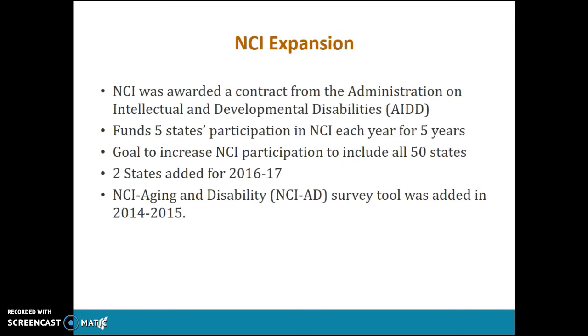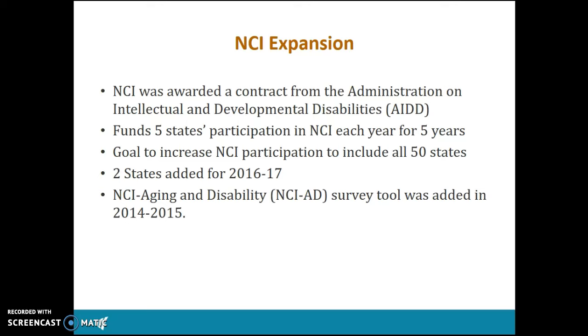NCI has expanded pretty exponentially over the past several years, largely thanks to a contract awarded from the Administration on Intellectual and Developmental Disabilities, AIDD. The contract funded up to 5 states' participation in NCI for each of the 5 years of that contract.